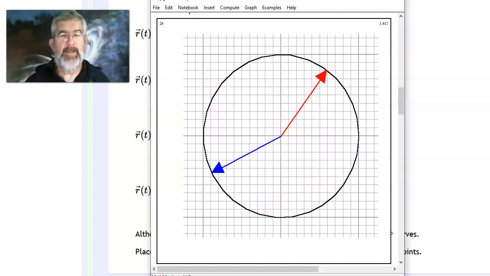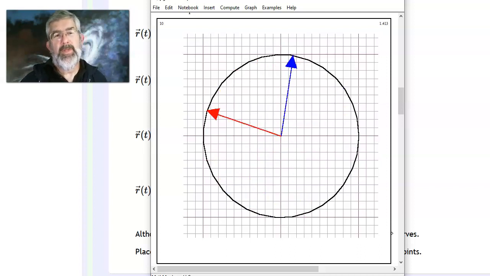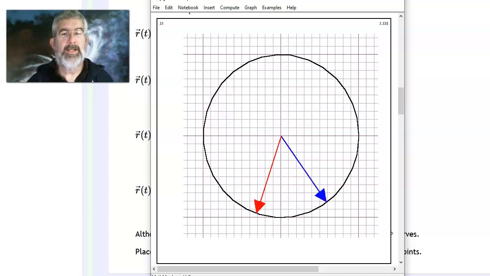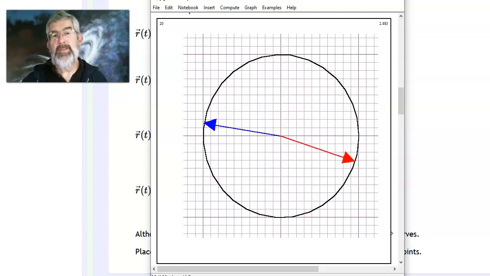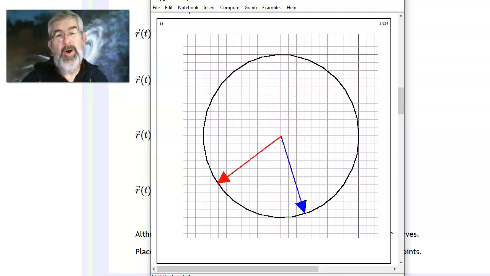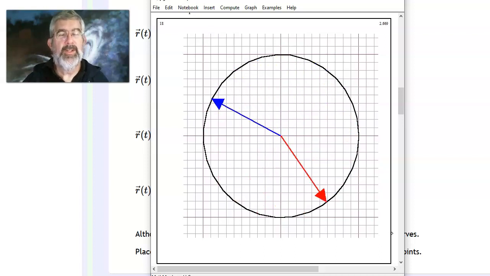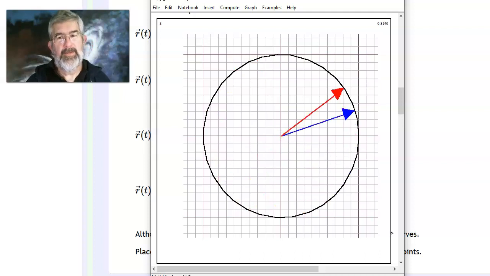The blue one has the parametric equations x, y equals cos t, sine t. The red one is x, y equals cos 2t, sine 2t. The tip of the red vector still sits on that unit circle, but it moves around the unit circle twice as fast.